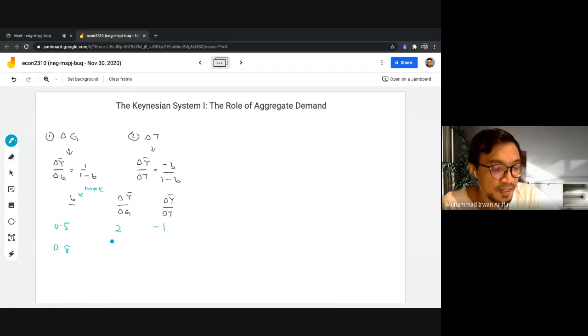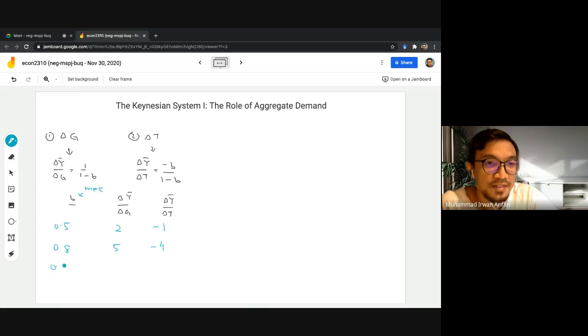The G multiplier would be 5, so for every $1 increase in G, equilibrium income would go up by 5 units. Correspondingly, if the government decides to increase tax by 1 unit, the equilibrium income will fall by 4 in total, so it's 4 times bigger.